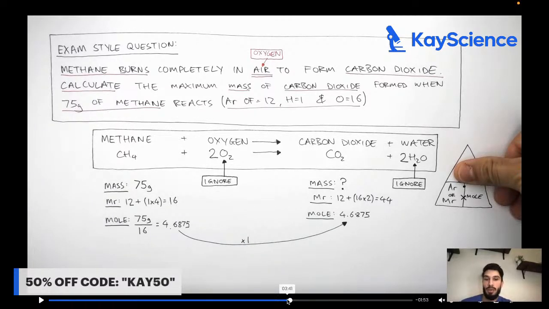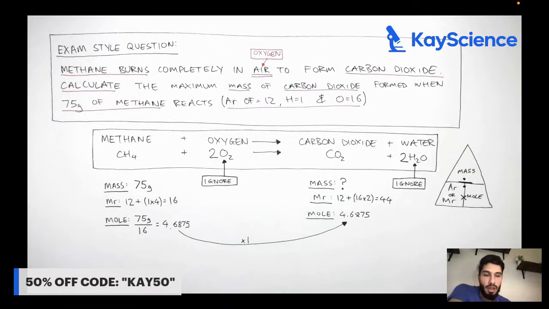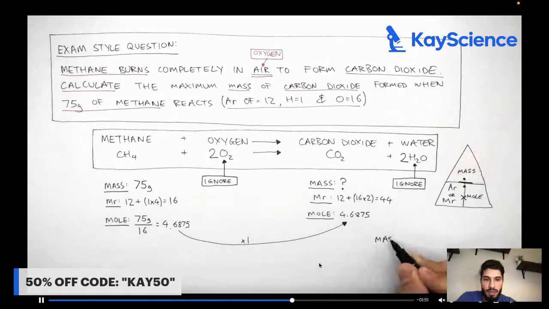Now, what are we trying to calculate? We're trying to calculate the mass. Okay, so now we've got the MR of carbon dioxide, and we have the moles of carbon dioxide as well. So we cover mass with our finger, and we do MR, which is 44, multiplied by the moles, which is 4.6875.